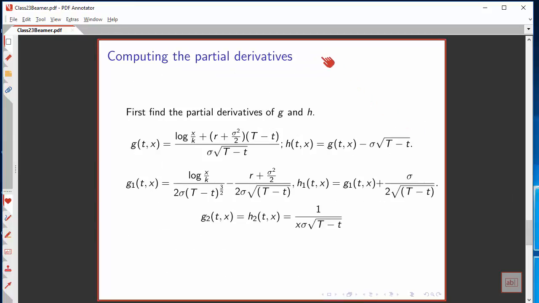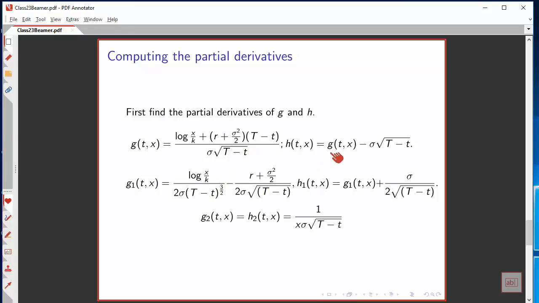Well, the first thing we have to do is find the partial derivatives of g and h. Here is the formula for g. Here is the formula for h, which is only a little bit messier. When you take the partial derivative of g with respect to its first argument, which is t, you notice that a t shows up there, and a t shows up there, and that's why we end up with two terms.